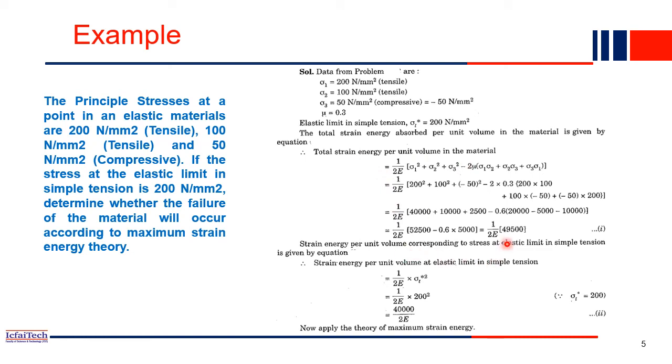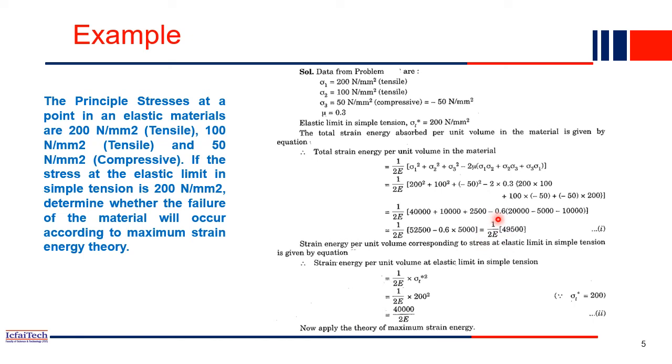Once you compute, you will get the total strain energy as 1 by 2E into 49,500. This is the applied strain energy developed because of the principal stresses applied to the body.